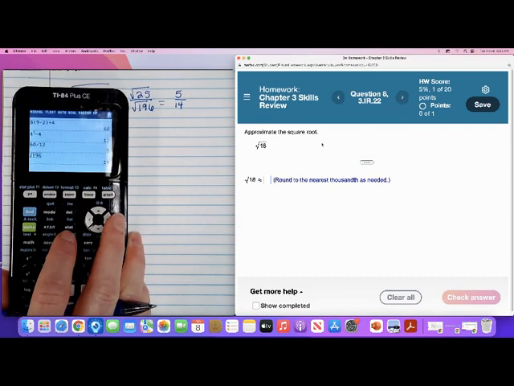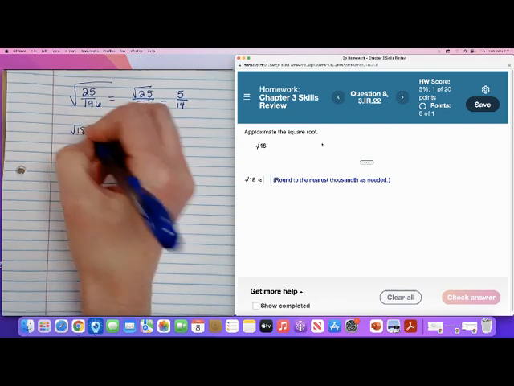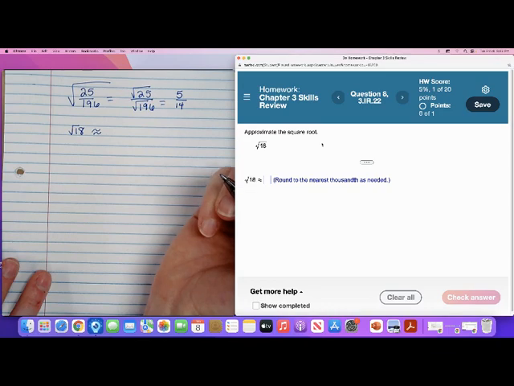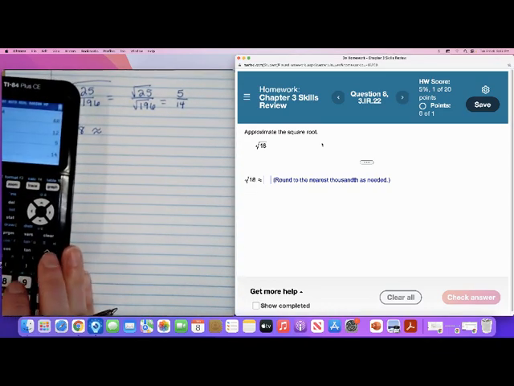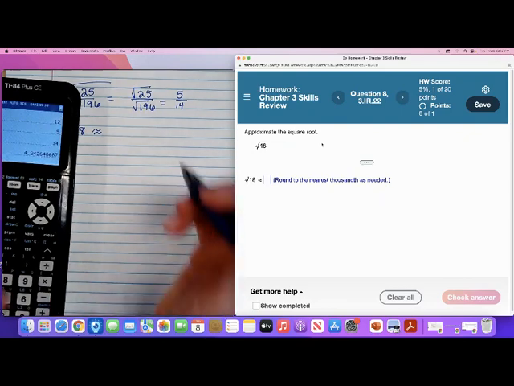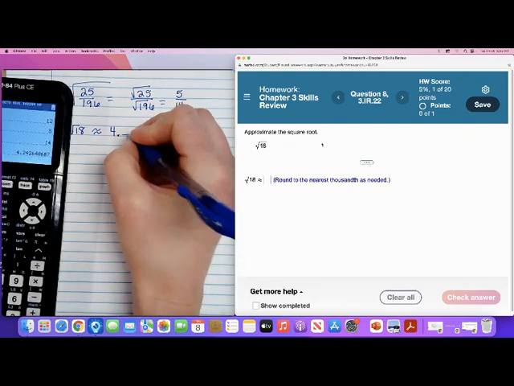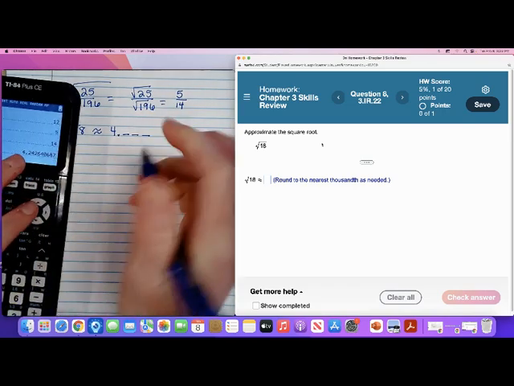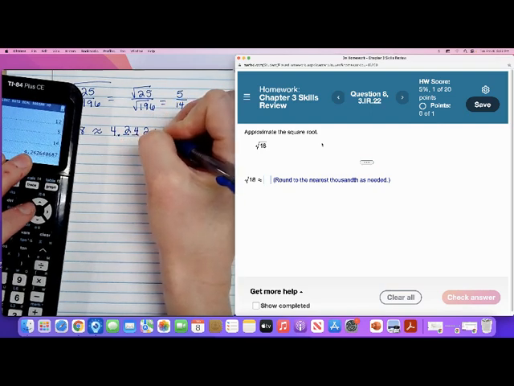Approximate the square root. So square root of 18, we need to say what is that between? Well, it says round to the nearest as needed. So we're actually just going to use our calculator, square root of 18. So 4 point, it says thousandths. So this is tenths, hundredths, thousandths. So 2, 4, and then it's 2, 6.